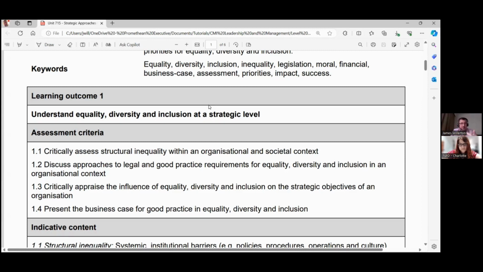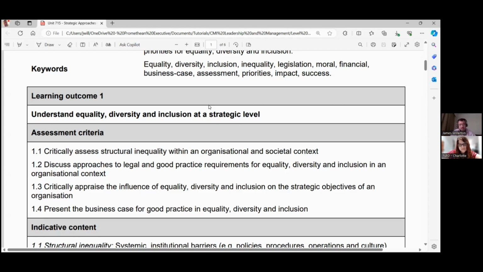What other factors might be in play that lead to a certain outcome? So, an unequal distribution of genders, maybe in nursing. Is it structural inequality or is it something else? Good questions to ask ourselves just to nail that critical assessment component. So hopefully that's a decent introduction to how we might approach 1.1.